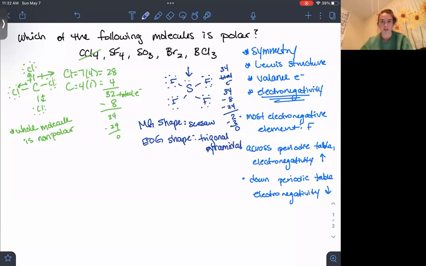Okay, so your electron domain geometry is trigonal bipyramidal. This is the umbrella term for having 5 electron domains around your central atom. And then what the molecule actually looks like is your molecular geometry shape, and that one's going to be seesaw. So this is a polar molecule. Any questions here?